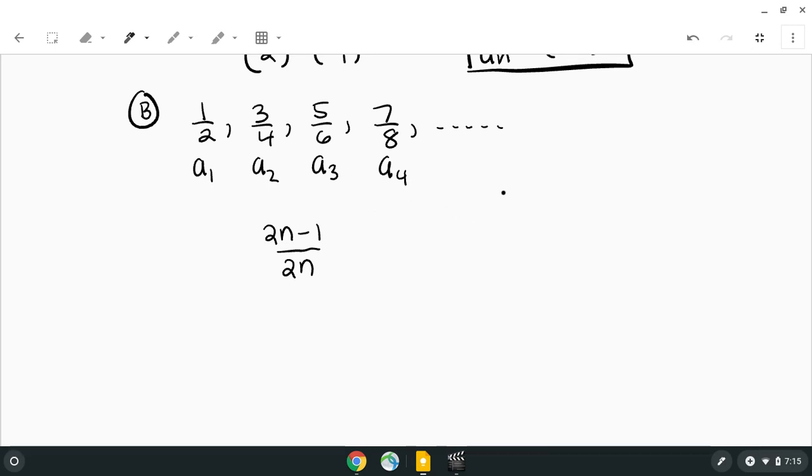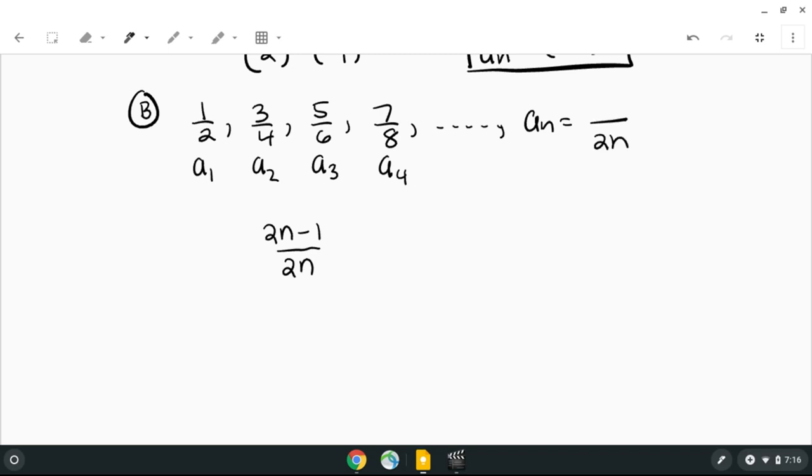Okay, so over here, if this is my nth term, then what I would be doing is plugging in, we already know the bottom. Bottom's 2n, right?